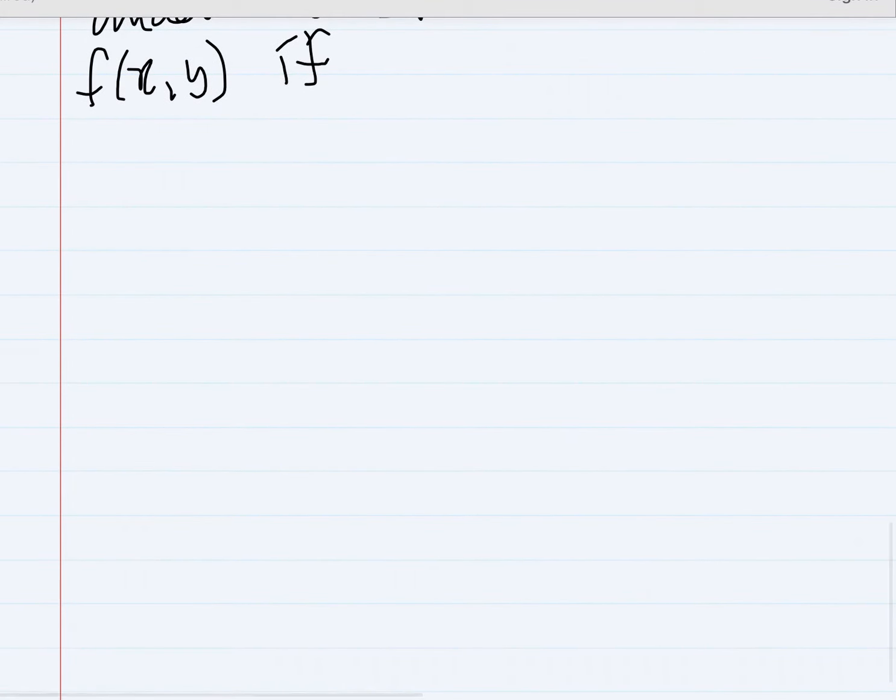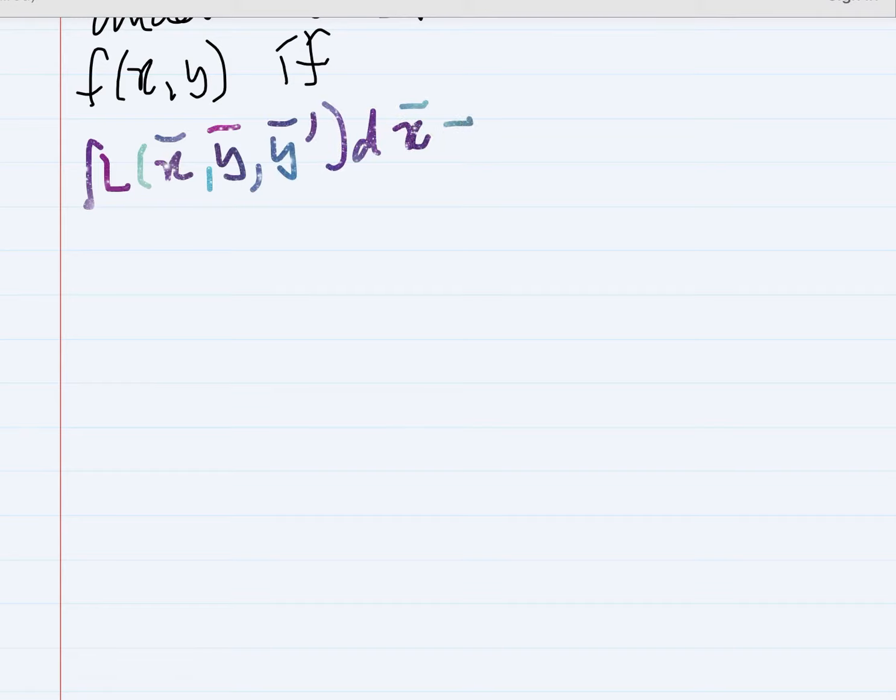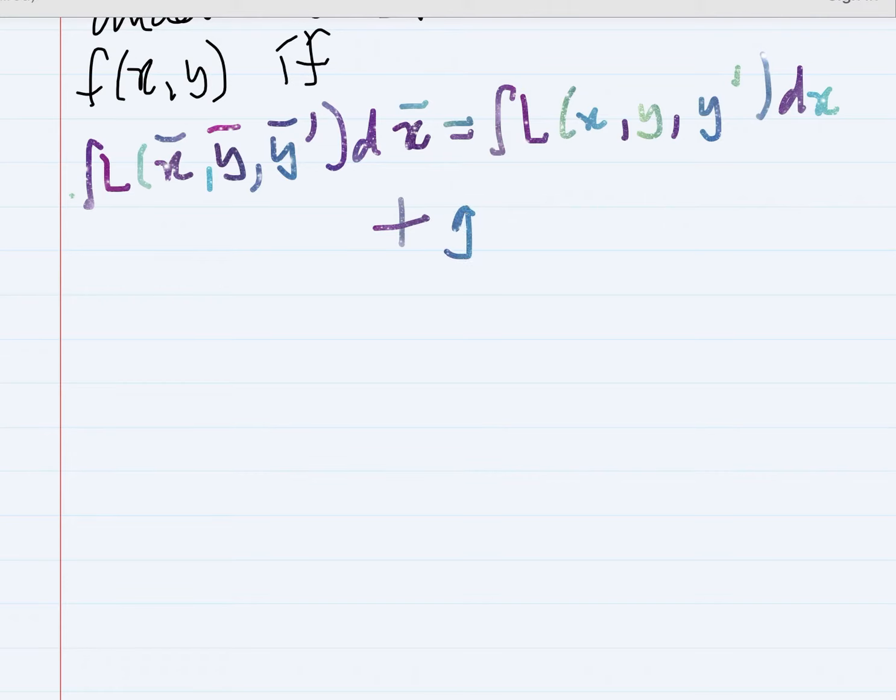And here it is. So if the integral of L of x bar, y bar, y bar dashed, dx bar equals the integral of L of x, y, y dashed, as an integral with respect to x, plus g, which is your parameter in the one parameter Lie group of transformation, multiplied by this function F of xy.